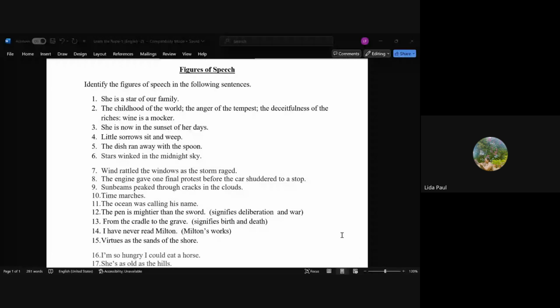For that kind of narration and description, usually the kind of sentences you see here, like the engine gave one final protest, the car shuddered to a stop, this flavor of language is seen in that kind of construction. So do not be puzzled if, looking at just the sentences, you wonder who would write or speak these.